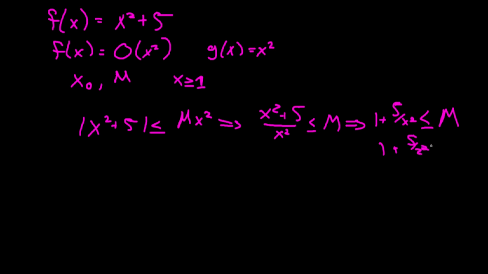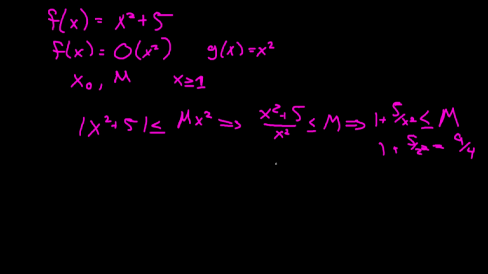That's equal to 1 plus 5 over 4, which is 9 over 4. So if we made our m 9 over 4, that means that if we get bigger than 2, or even bigger than or equal to 2, this inequality will be satisfied.